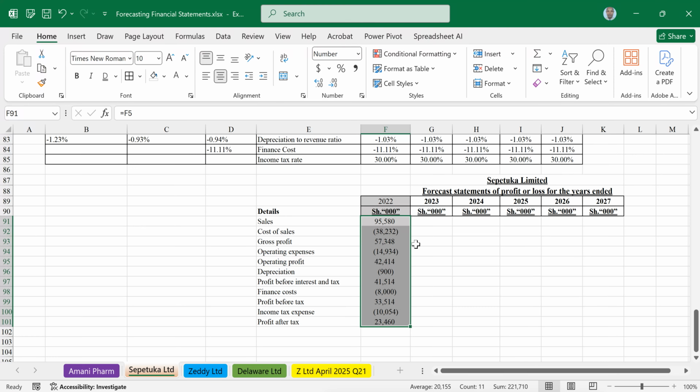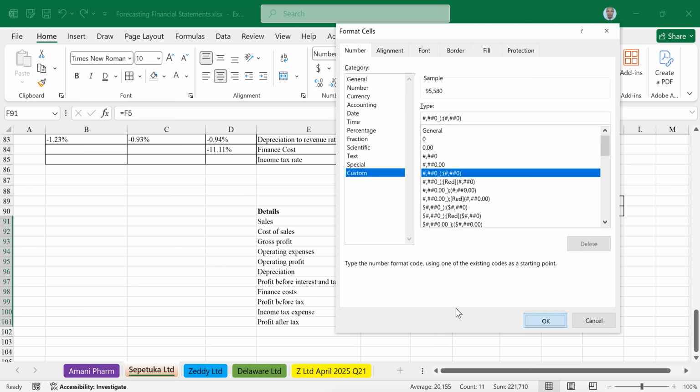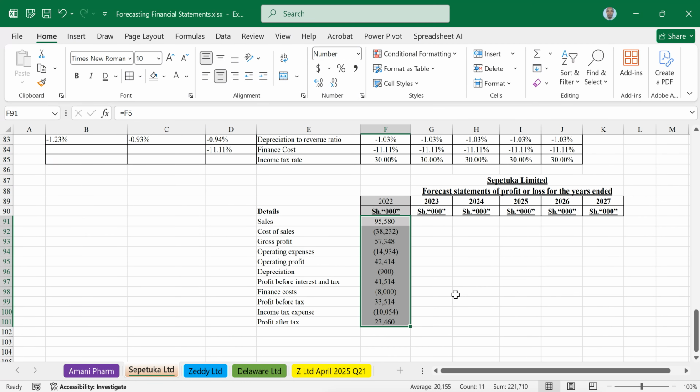So these are the results for the year 2022. Now, once you have the results for 2022, see details, then results for 2022, we can now forecast from 2023 moving forward.